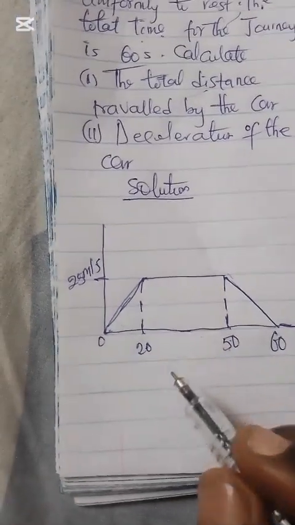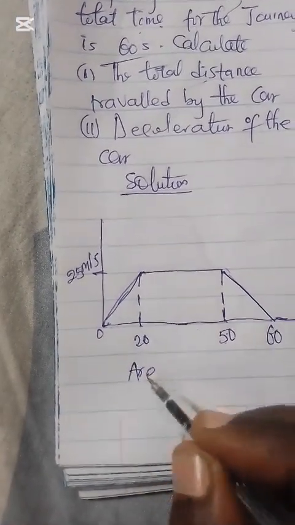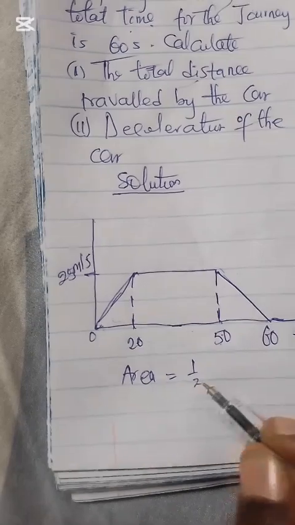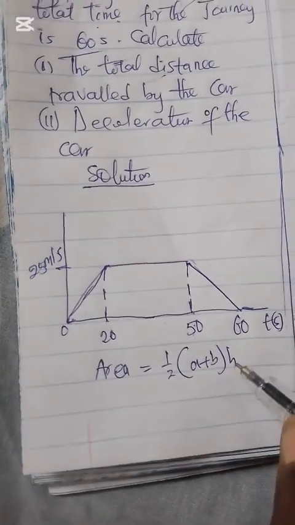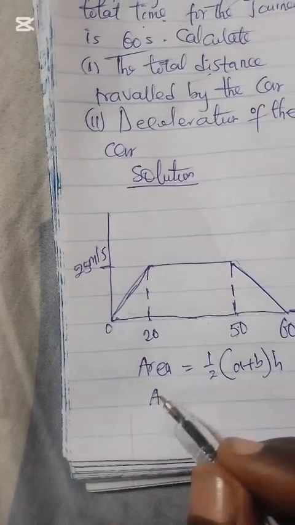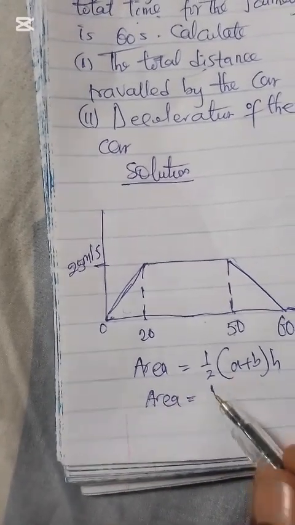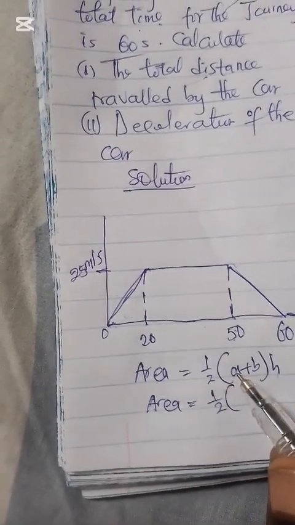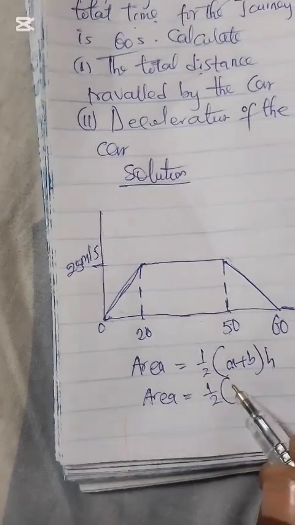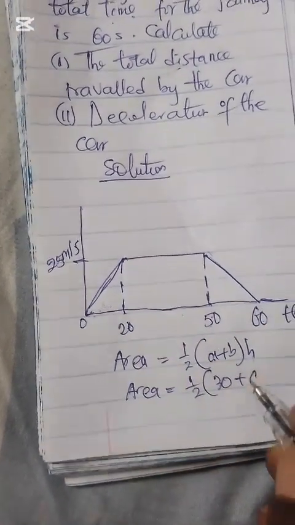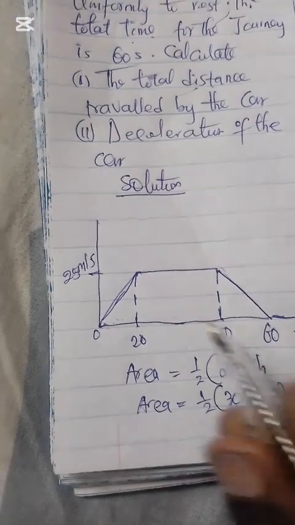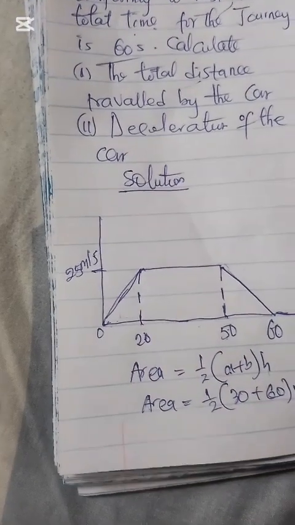And this shape still remains a trapezium, whose area is equal to 1 over 2 bracket a plus b, then h. The h is the velocity. So that area is equal to 1 over 2 brackets. What's our a? 50 minus 20, which will be 30, plus from here to here, which is 60. Then bracket, the h is 25.